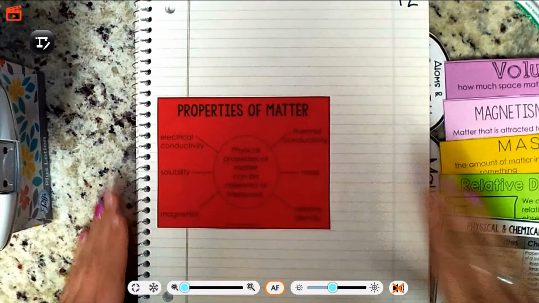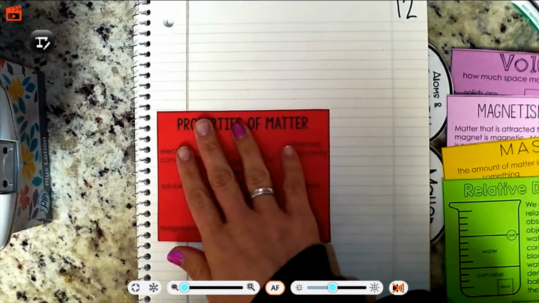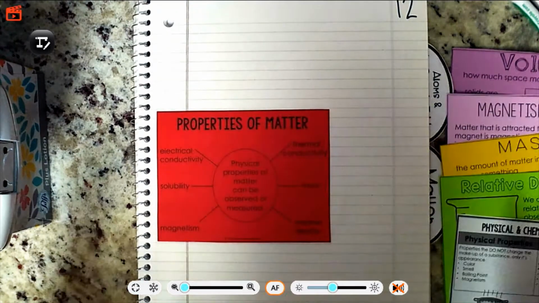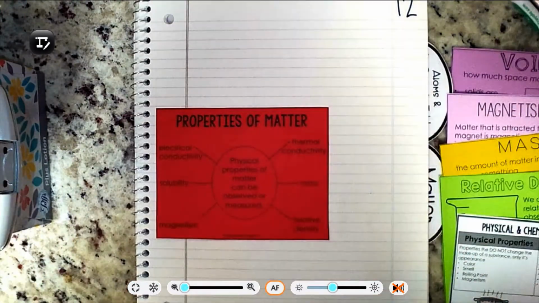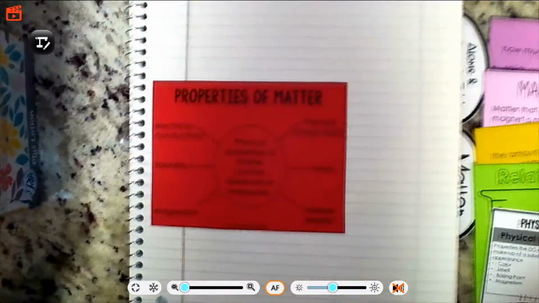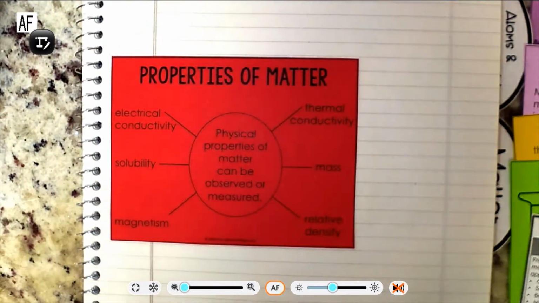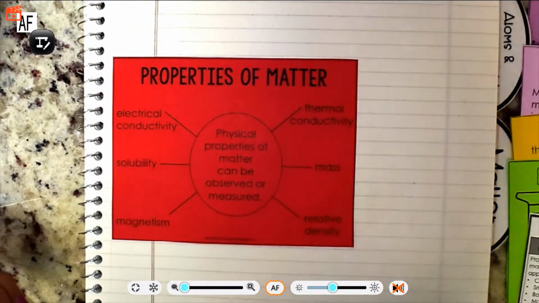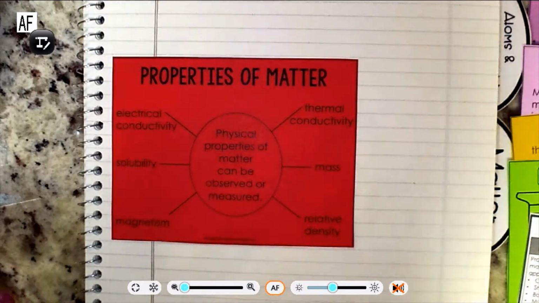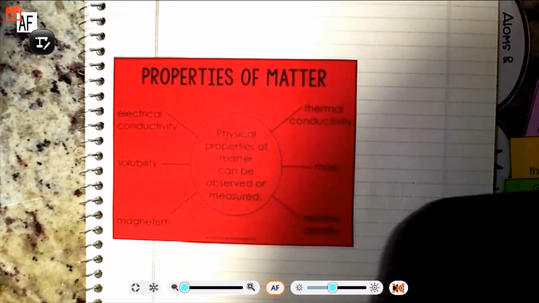And you want to take the properties of matter and put it in the middle to the left side of your notebook. So here it says, we're going to talk mostly about the physical properties of matter. Those are properties that can be observed or measured.